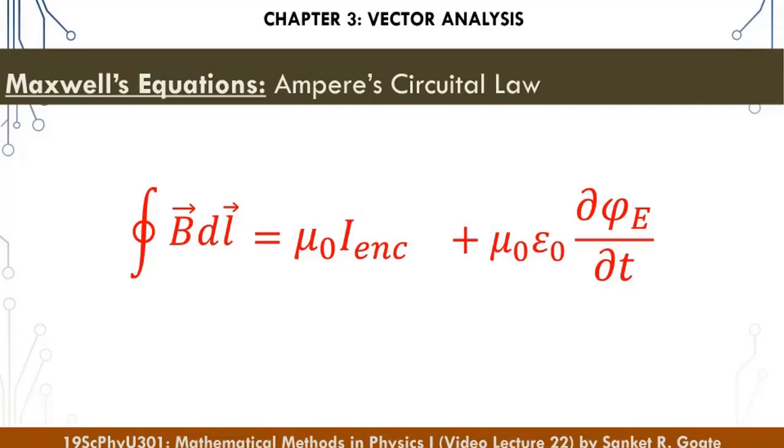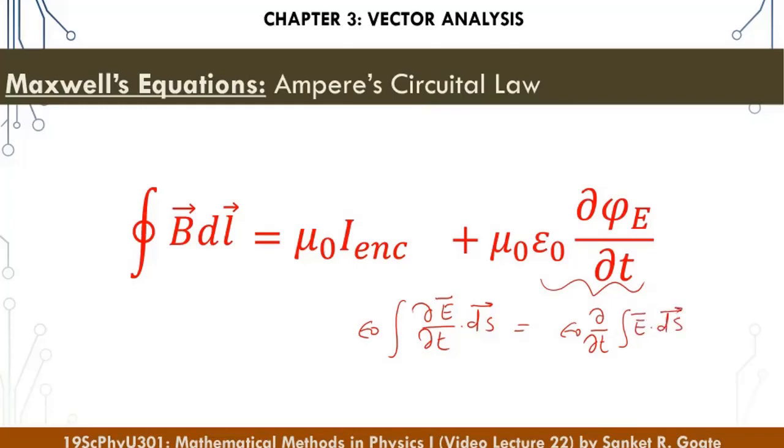Yes. What can you see the change here? When I wrote that displacement current, it is epsilon 0 integration of dou E by dou t into ds. Since you can take this differentiation outside the integration, what you get is E dot ds, which is nothing but the electric flux.